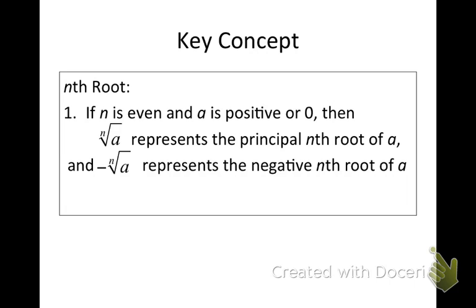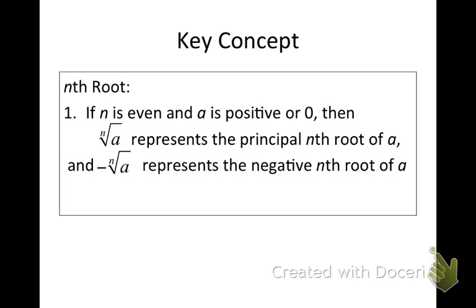Rule number 1, if n is even, and A, which is just the number underneath the radical sign, we call it the radicand, and A is positive or 0, then the nth root of A represents the principal nth root of A, which is exactly what we've just been doing.